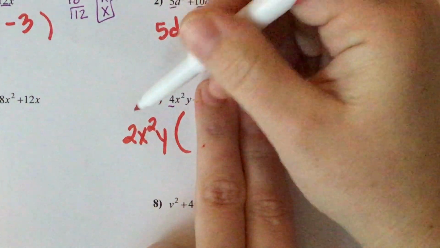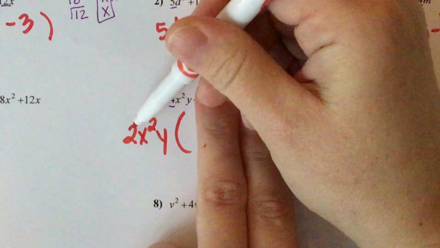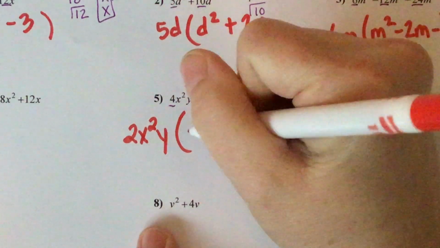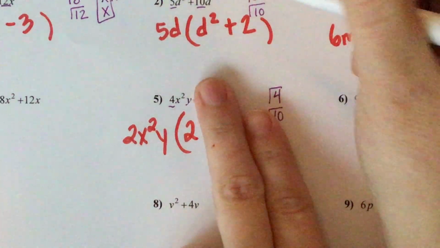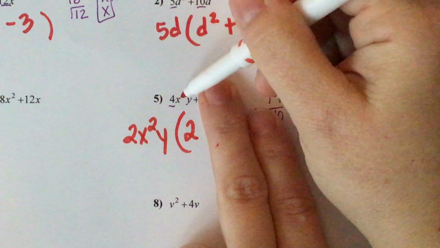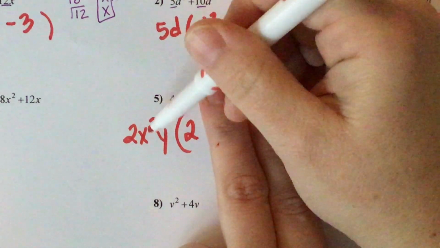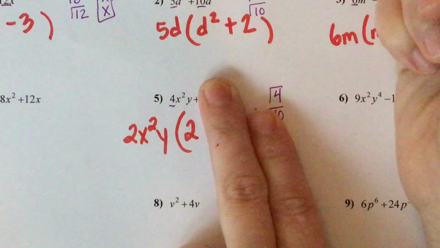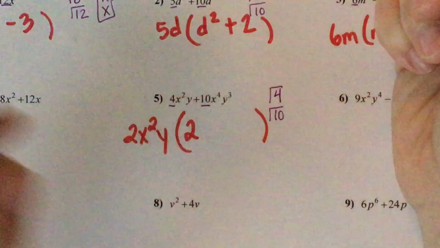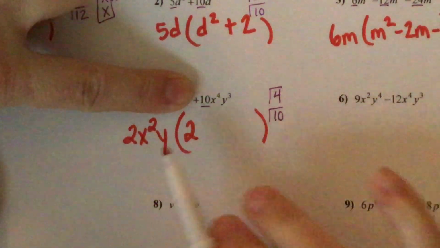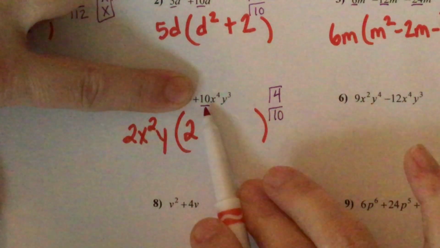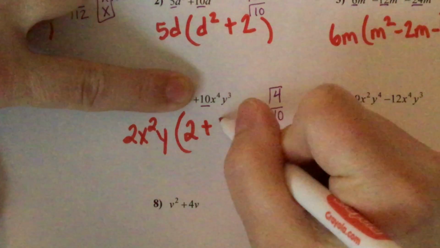All right, so let's just start with the numbers. 2 times what makes 4? 2. Now look at the variables. X squared, they're a match. You don't need any more. Y, they're a match. You don't need any more. So that's all you need in the front. Okay, now the back. 2 times what would make 10? A 5.